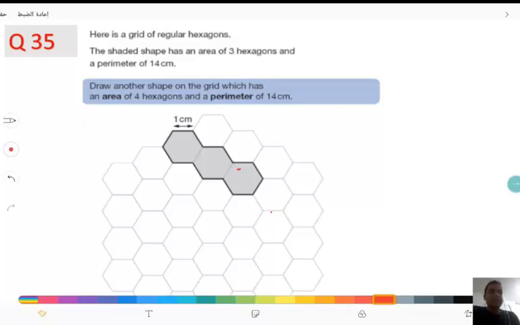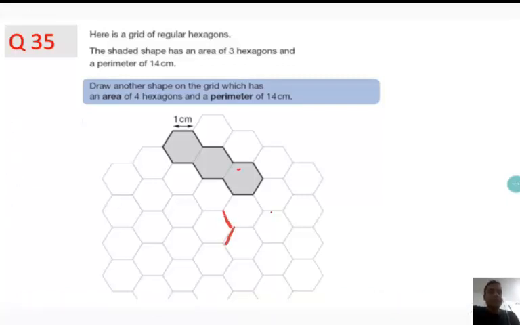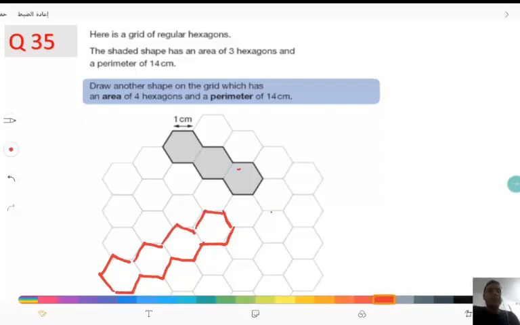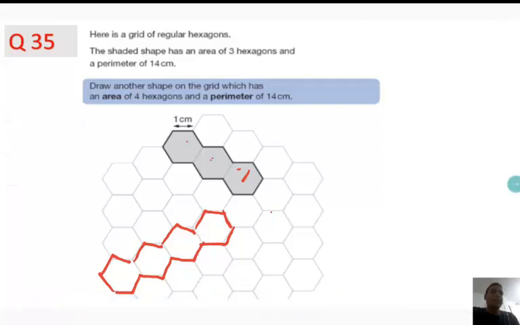Some students draw the same shape with 4 hexagons like that, but that's wrong. Why? Because if you count the perimeter, it is more than 14.